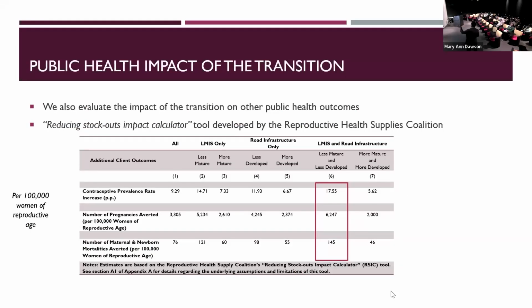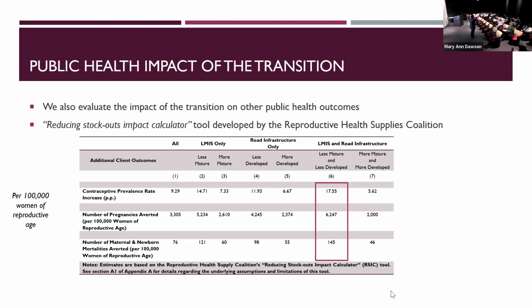In addition to client satisfaction, we also look at a lot of other public health metrics. There is a tool called the Reducing Stockouts Impact Calculator. This is a pretty interesting tool. Anybody can access this. If you go to the web and type Reducing Stockouts Impact Calculator, you can put in reduction in stockouts.